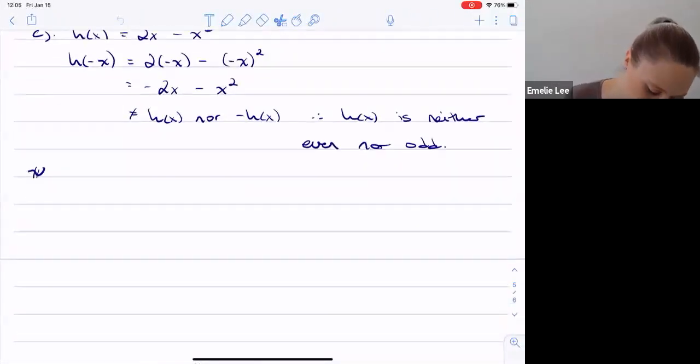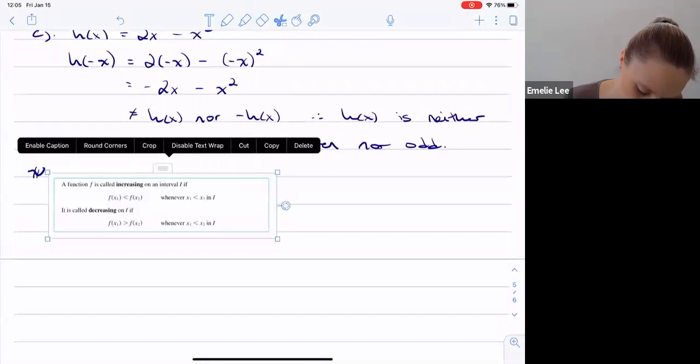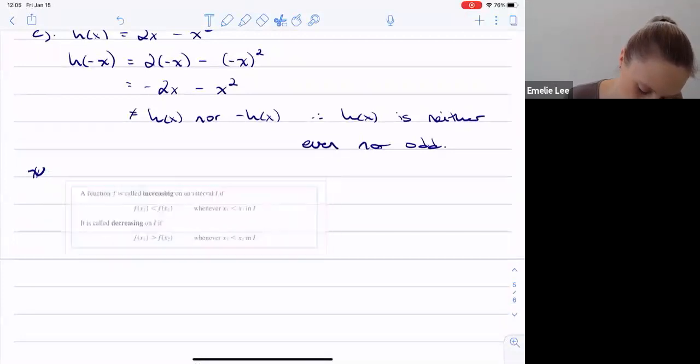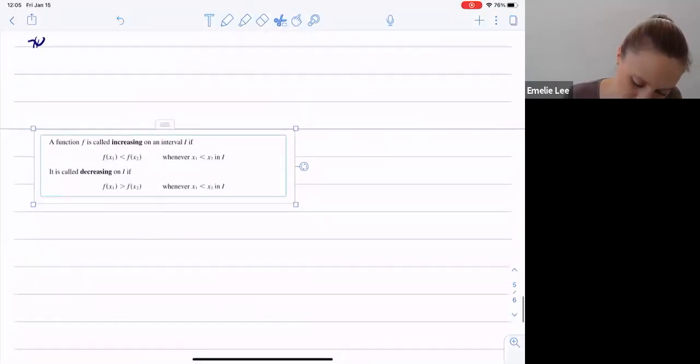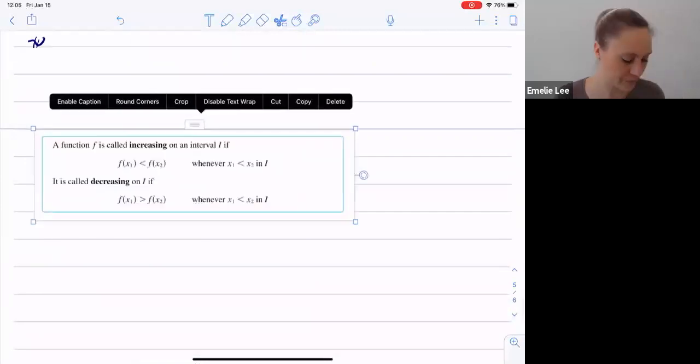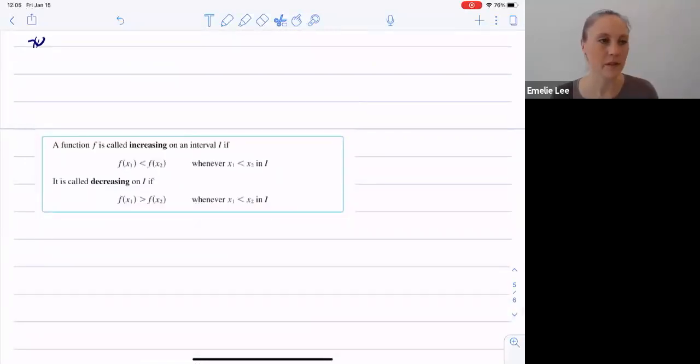I'll put it on a fresh page here. Okay. So by definition, right? Eventually we'll start using this definition.